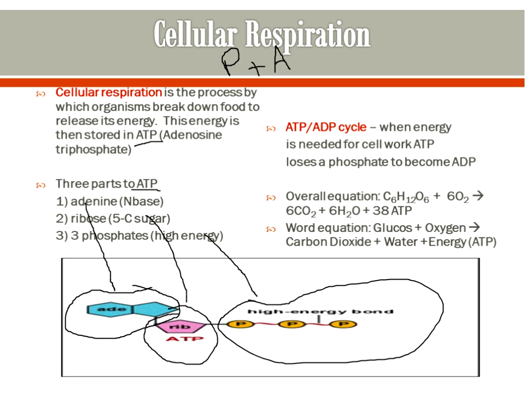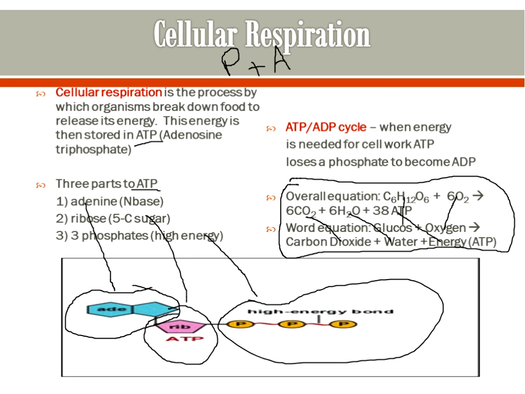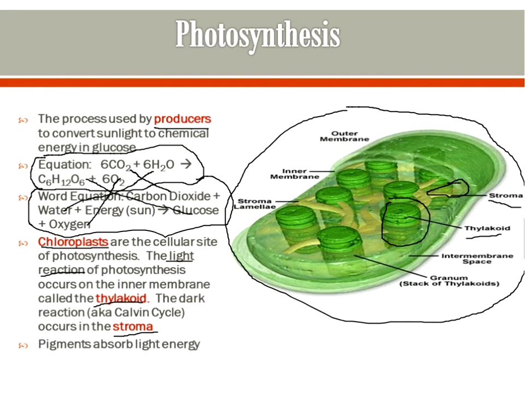Overall equation, you should definitely know. It's the same thing as the word equation. You need glucose and oxygen to go in, and that will create carbon dioxide, water, and 38 units of ATP. Look at this. And I think we should already know this, but the equations are absolutely backwards.